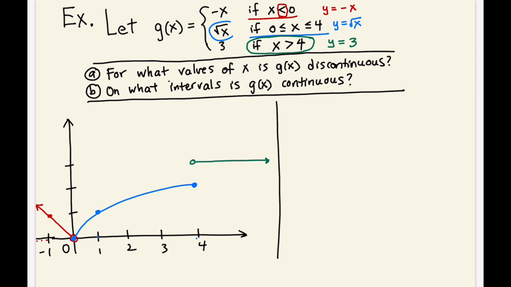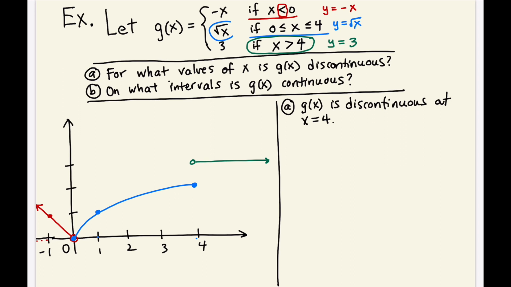The answer to part A is g of x is discontinuous at x equals 4. That's where there's a break in the graph. We call this a jump discontinuity because there's a jump in the graph.